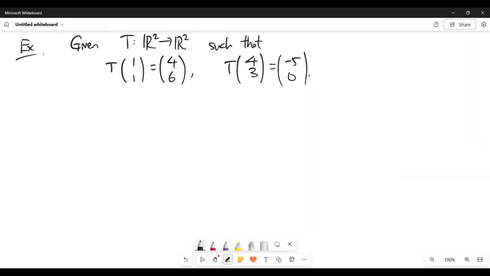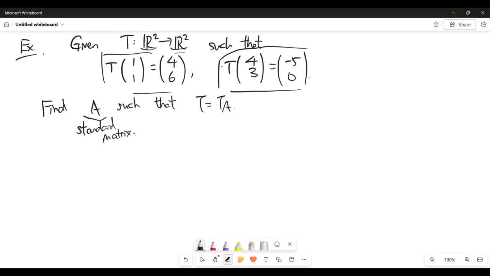So as a last exercise, let's do this one. I'm giving you a linear transformation mapping a two-dimensional domain to a two-dimensional codomain, and these two maps are given. So are you able to tell me what is the standard matrix A to represent this linear transformation?